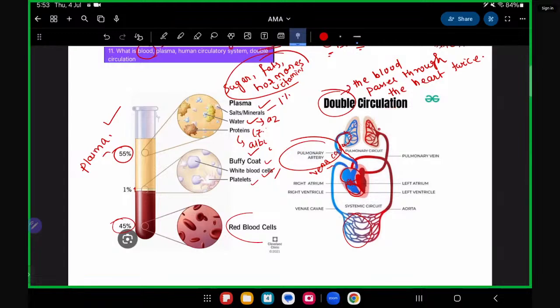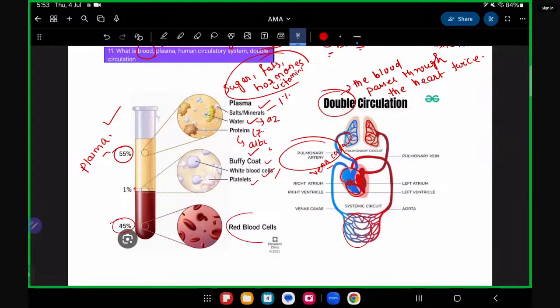Then the oxygenated blood comes to the left atrium via what? Pulmonary vein. It is the only vein which carries what? Oxygenated blood. Then from the left atrium, the blood comes to the left ventricle through the mitral valve, also known as the bicuspid valve. Then the left ventricle pumps out the blood through the aorta. It is the mechanism of double circulation.